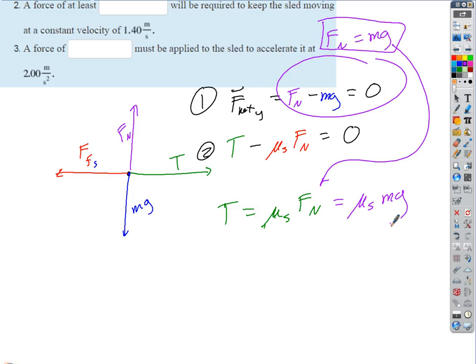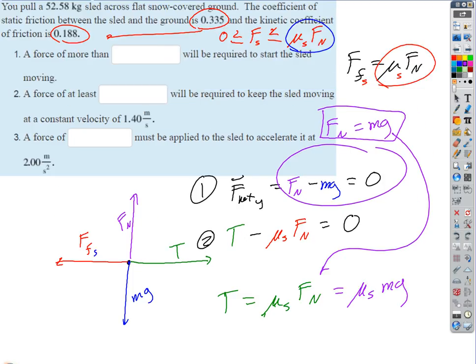You kind of start to notice some things here too, don't you? All this frictional force is doing is, this coefficient is telling you what fraction of the object's weight I have to pull with to break it free. If the coefficient of friction is 0.335, what this physics tells us is I have to pull with 33.5% of the object's weight before I can break it free, right?